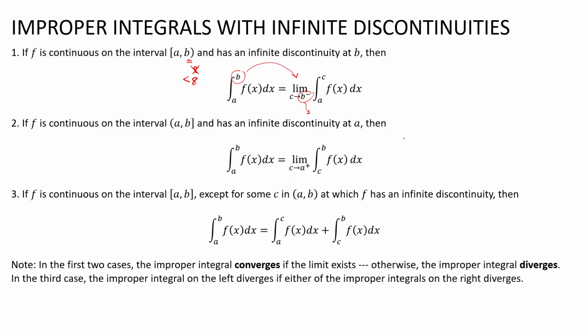That's why it's b minus, because let's say this is your number line, this is point b. This one is going negative, right? This one is going positive. So all the numbers on the left side of b will be included in the evaluation of the limit.